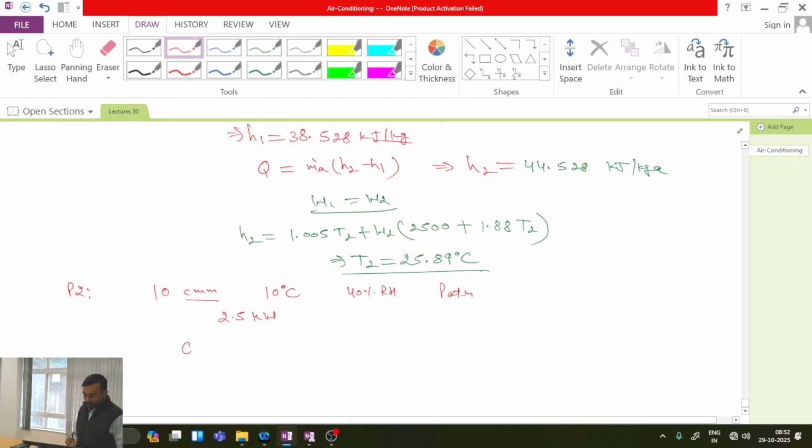What was that formula? 0.0204 V dot A into simply delta T, T2 minus T1. Substitute here, get the value of T2.